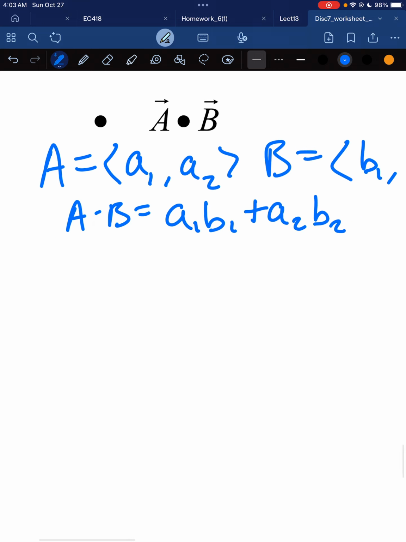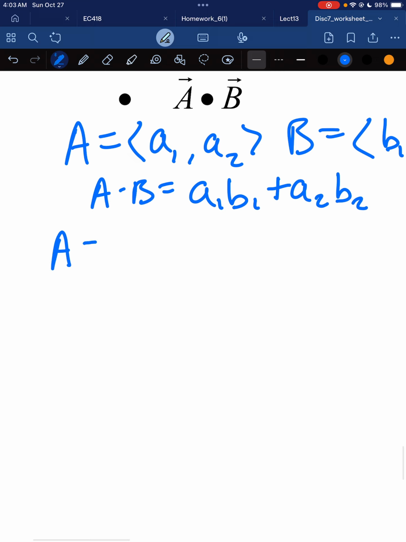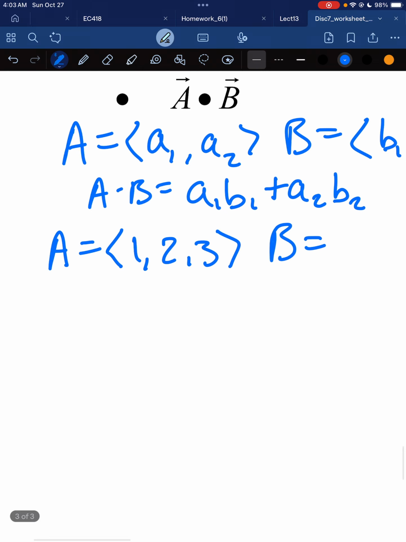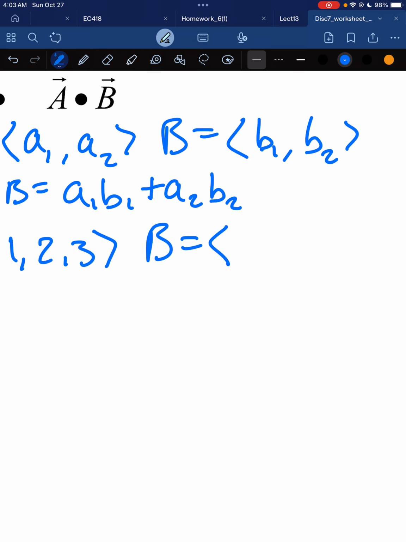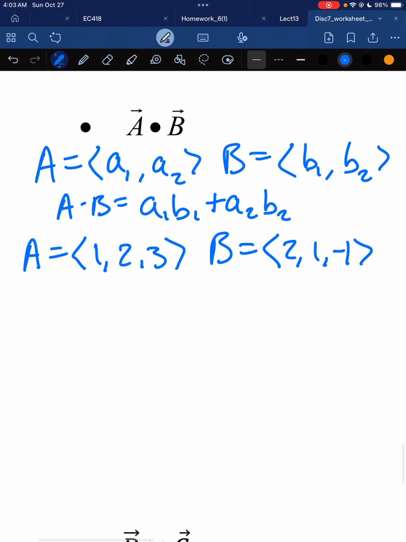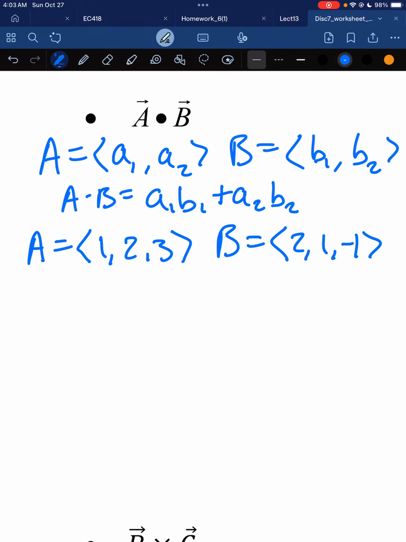So in this case, we're given that A is equal to 1, 2, and 3, and that B is equal to 2, 1, and -1. And so for this dot product, it's going to be the product of the x component or the i components of these two vectors.